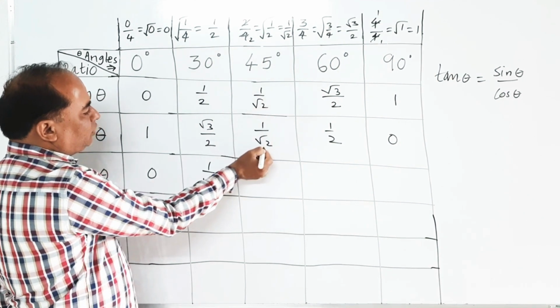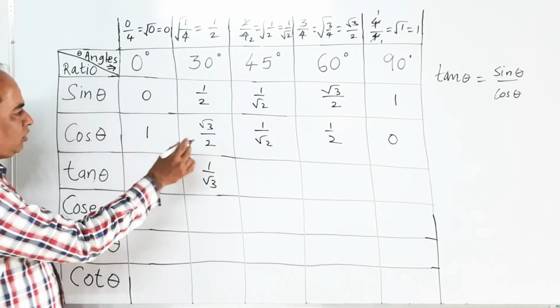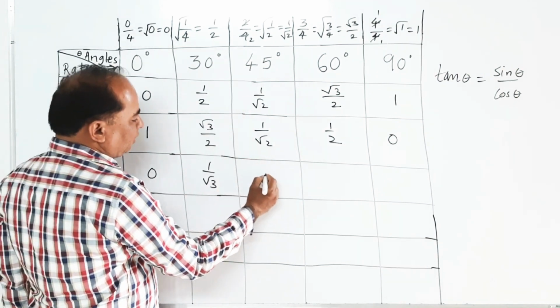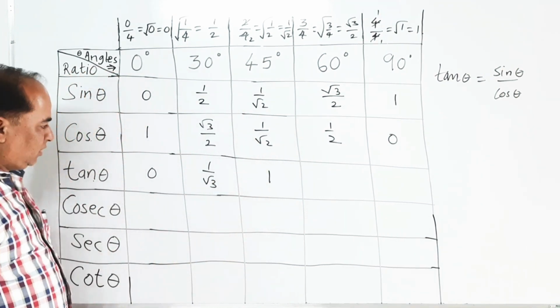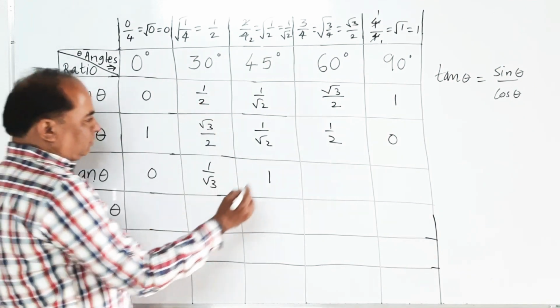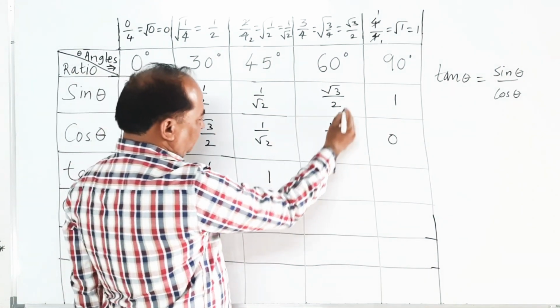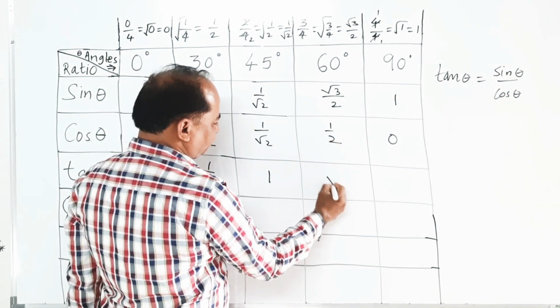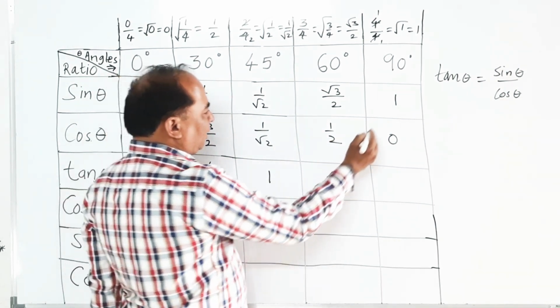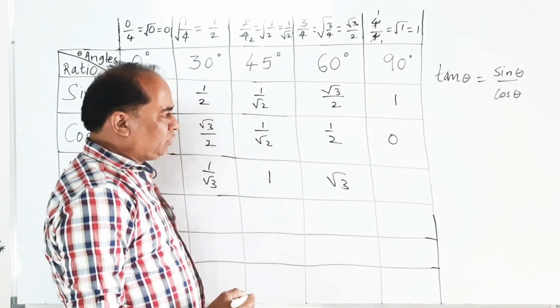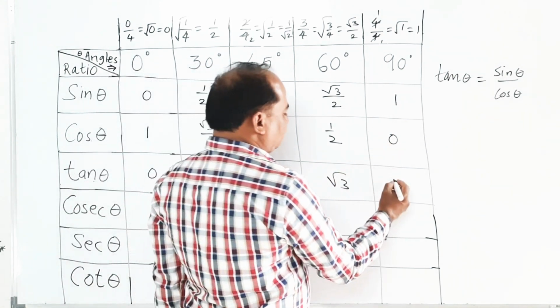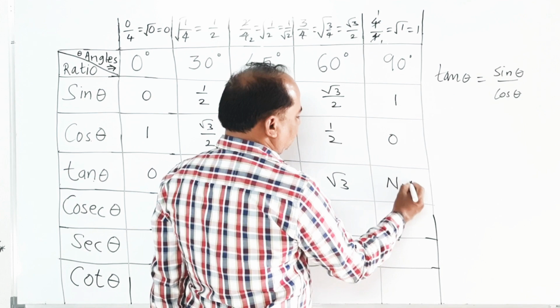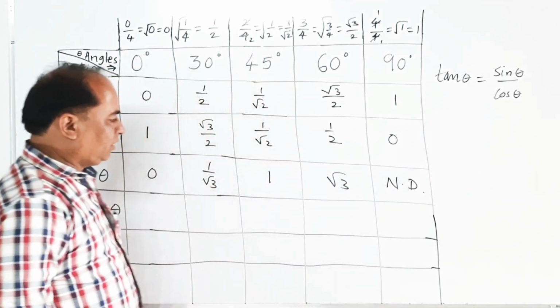Then 1 upon root 2 divided by 1 upon root 2, same terms in the numerator and denominator get cancelled, so tan 45 is 1. Then tan 60: root 3 upon 2 divided by 1 upon 2 remains root 3. And 1 upon 0, 0 is the denominator, we cannot divide, so it is not defined, infinity.